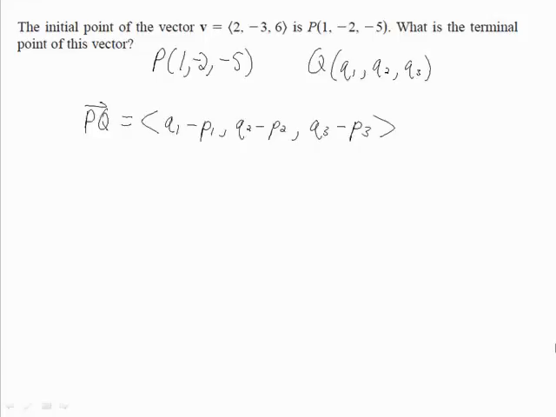Then substitute 1 for p sub 1, -2 for p sub 2, and -5 for p sub 3. And this equals the vector 2, -3, 6.